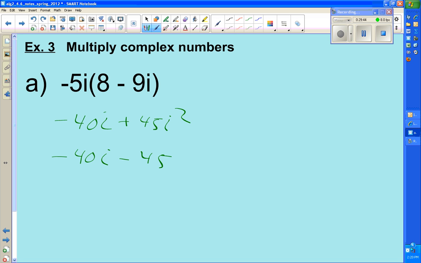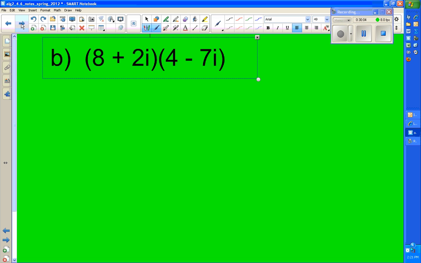You cannot write a complex number like this. You have to write it in the form of a plus bi. It's not negotiable. So we have to make sure our answers are in the correct form. Try this one.